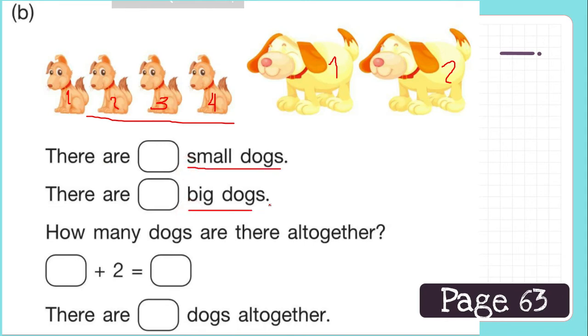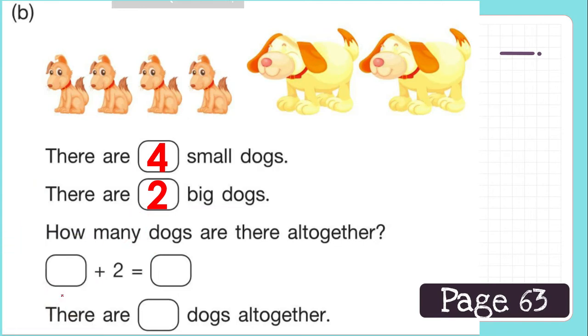So we're going to write 4 small dogs and there are 2 big dogs. How many dogs are there altogether? So we're going to write already the small dogs here because 2 big dogs are already written here. Okay? So we're going to say there 4 plus 2 equals 6. There are 6 dogs altogether.